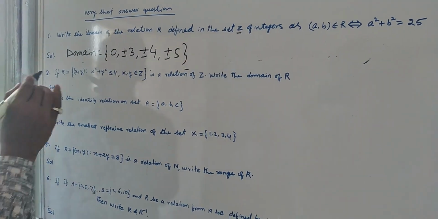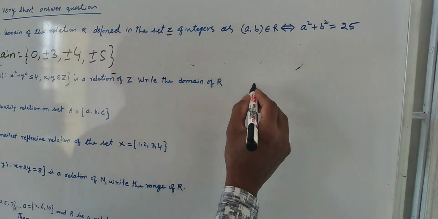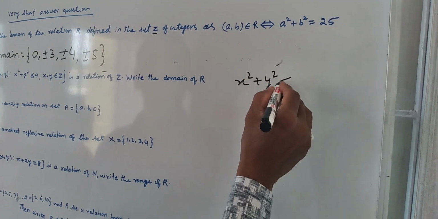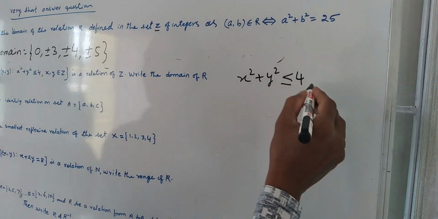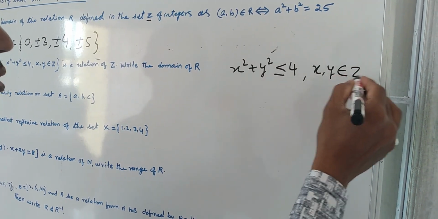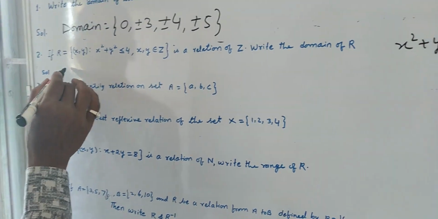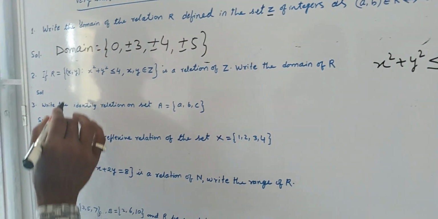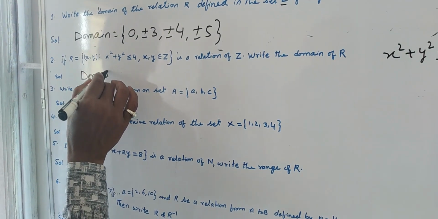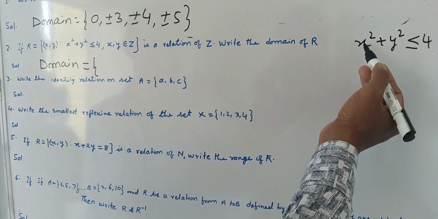Now come to the next question, question number 2. Here the relation is given: x square plus y square is less than or equal to 4, and x, y belong to the set of integers. Here also you can consider what are the possible values of x. So domain is equal to 0.